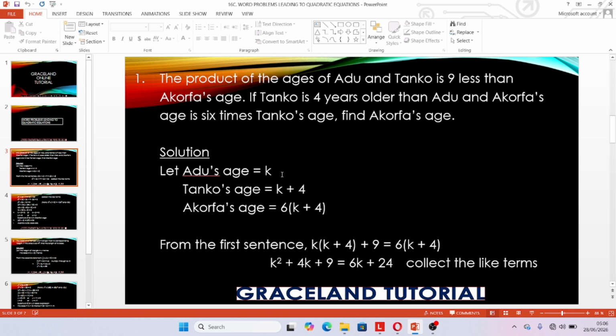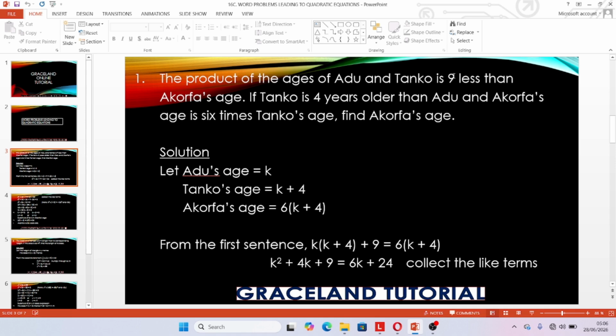Now, where is the product of Adu's and Tanko's age? Adu is K, Tanko is K plus 4. So we have K into K plus 4. Now, for us to equate the left-hand side to the right-hand side, we will need to add 9.